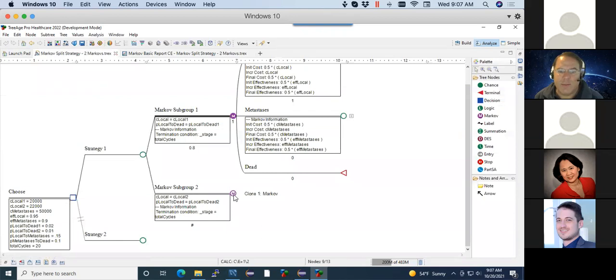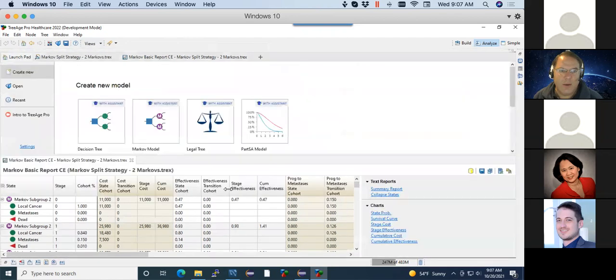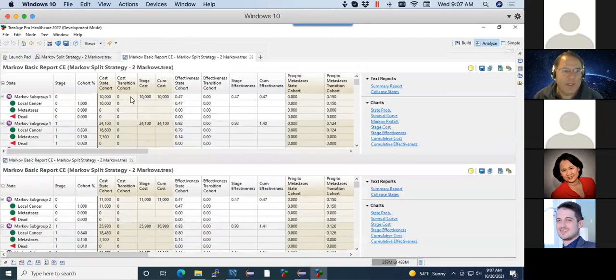And you could run another Markov process here, and you'd have that other subgroup. That would be fine if that were the whole strategy. But essentially, these are both part of the same strategy, and people don't necessarily want to have to combine these manually in order to understand what's happening in their strategy.